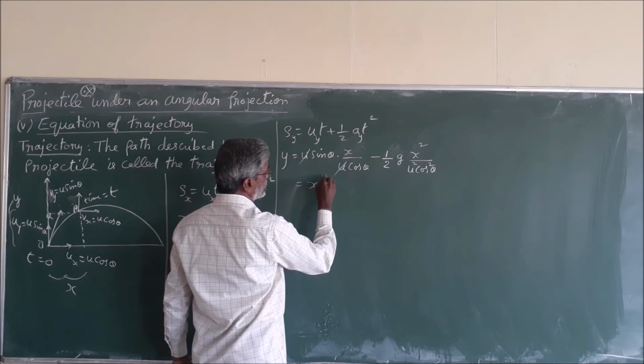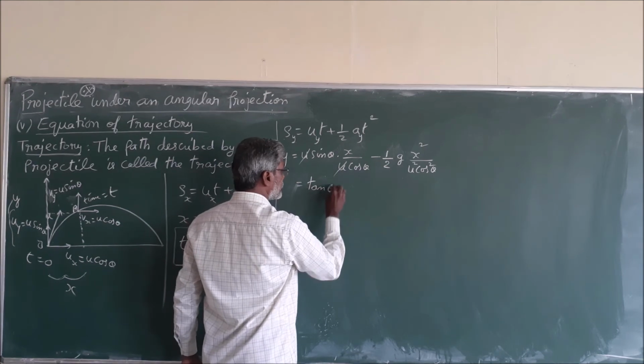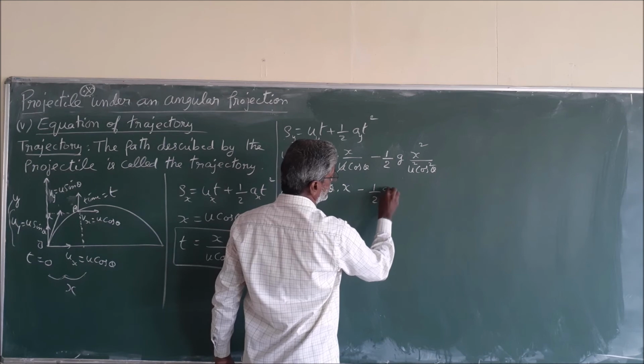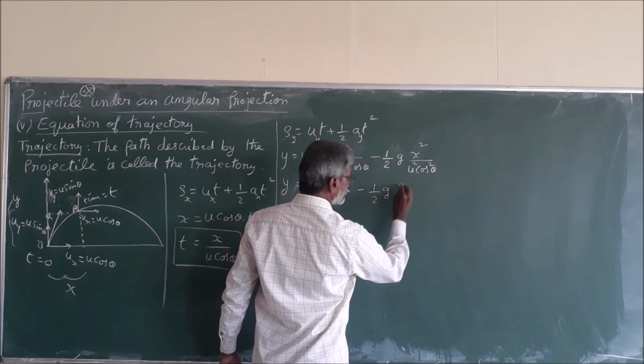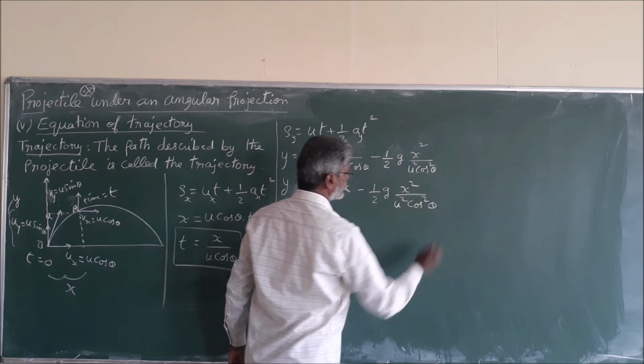I can write x tan theta minus half g x square by u square cos square theta.